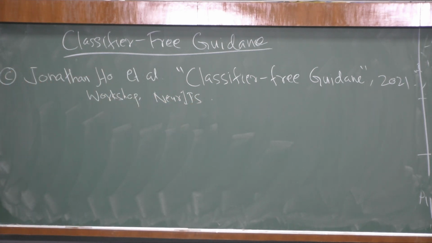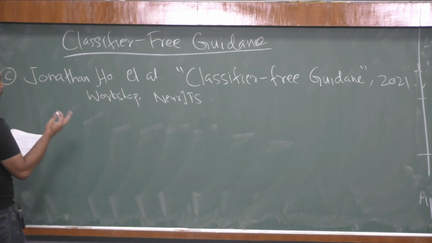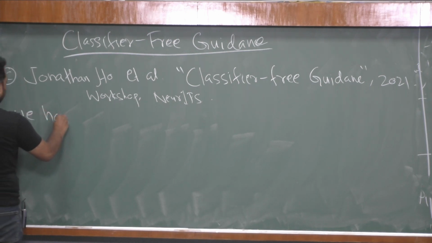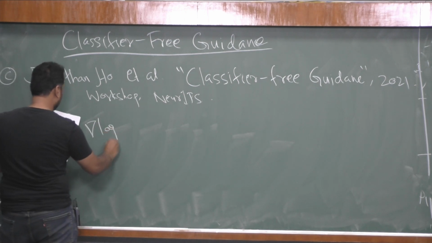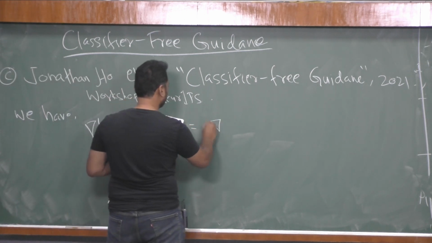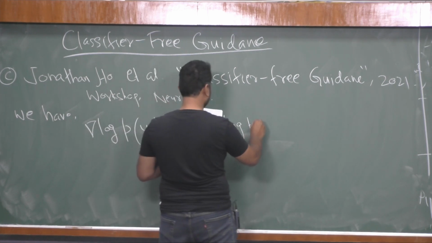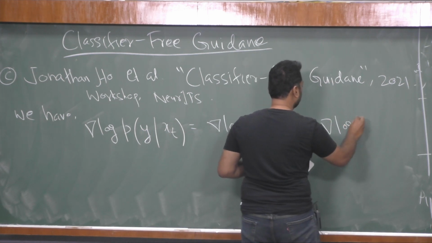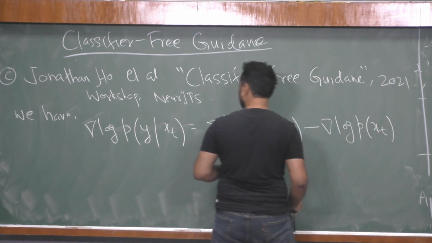Okay, so this is the paper that introduced classifier free guidance, and as I said, the idea is very simple. From the first equation that we had, we solve for the classifier. So first equation without the weight gamma: grad log p(y|xt) is grad log p(xt|y) minus grad log p(xt).